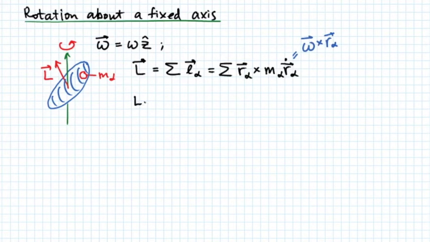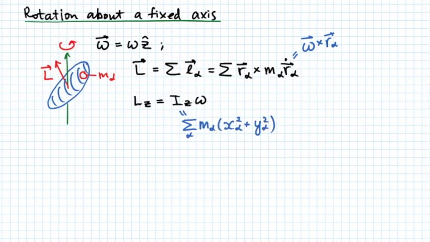We know that we can write the z component of the total angular momentum as being proportional to the angular frequency omega of rotation, where the coefficient of proportionality is simply given by the sum across all of the chunks alpha of transverse coordinates relative to the axis of rotation, x alpha squared plus y alpha squared. This, of course, is nothing other than the moment of inertia.